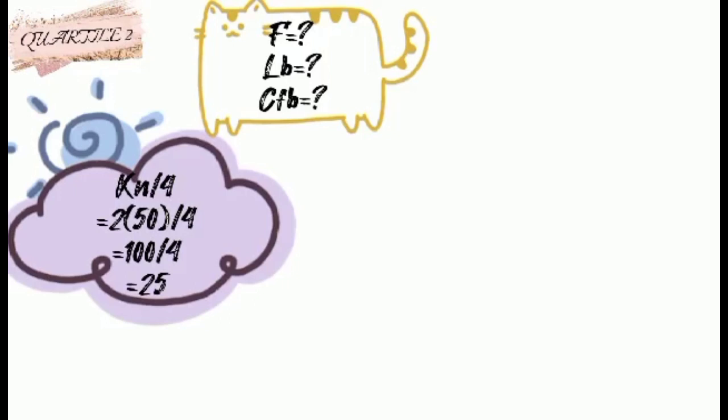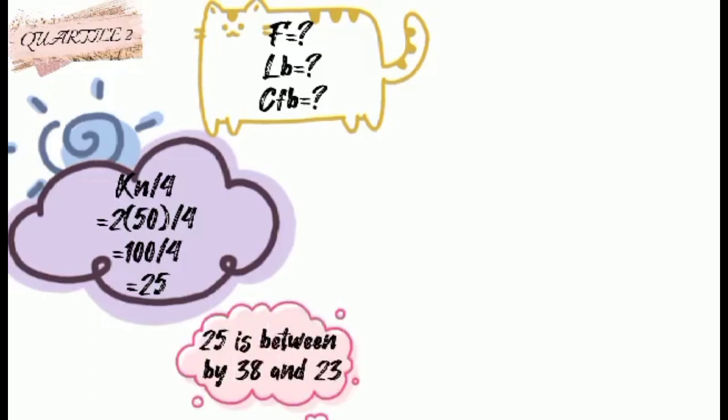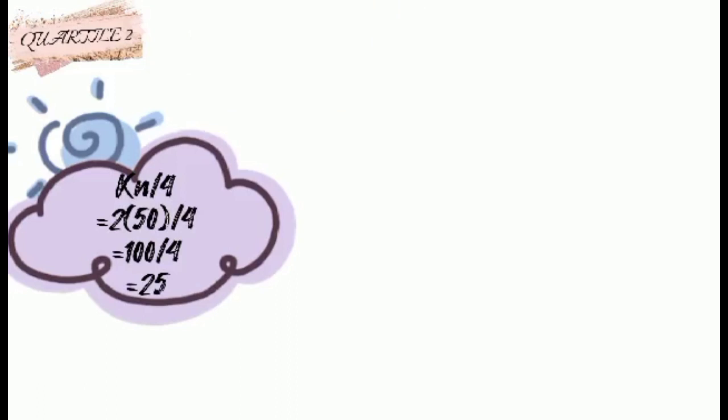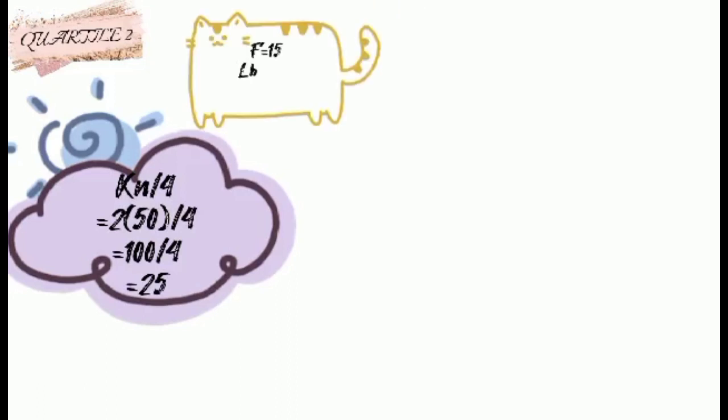All we have to do is to focus on cumulative frequency, which we can see that 25 is between 38 and 23, but we'll get it from the higher row. So in this row, we can see that our frequency is equal to 15 and our boundary is equal to 25.5.